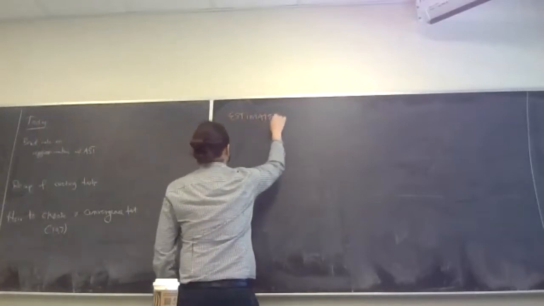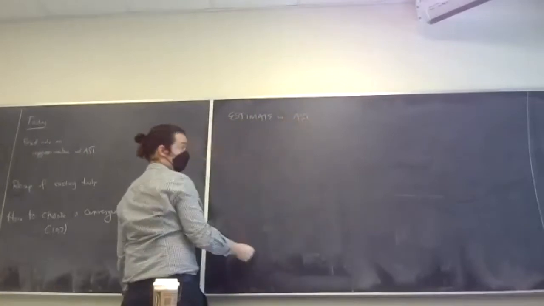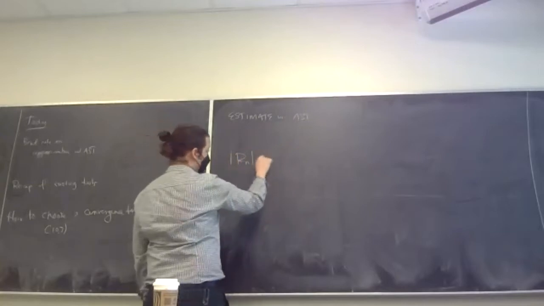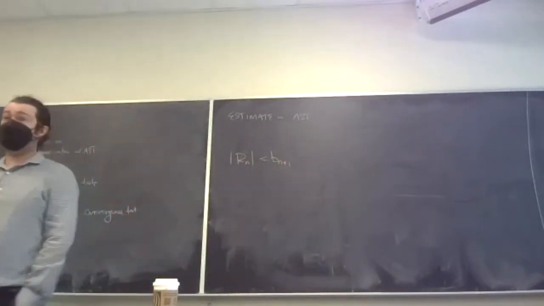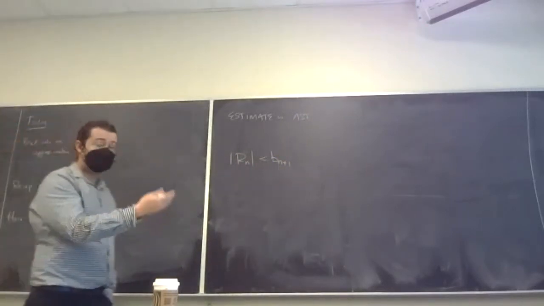If you want to estimate with the alternating series test, the theorem says that the size of the error is smaller than the next term you would add or subtract. Okay, that's pretty easy.